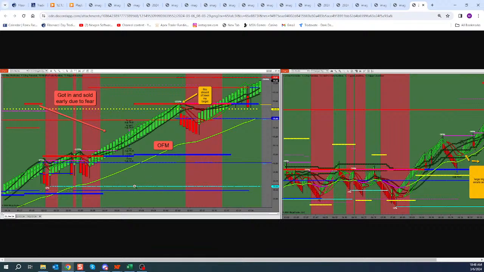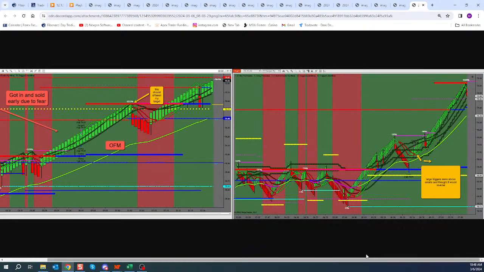All right, Ace J got in and sold early due to fear. I love your entry. Are these lining up? No, these are two different trades though. Let me figure out. This one is at 634. Nope, this is the same trade.